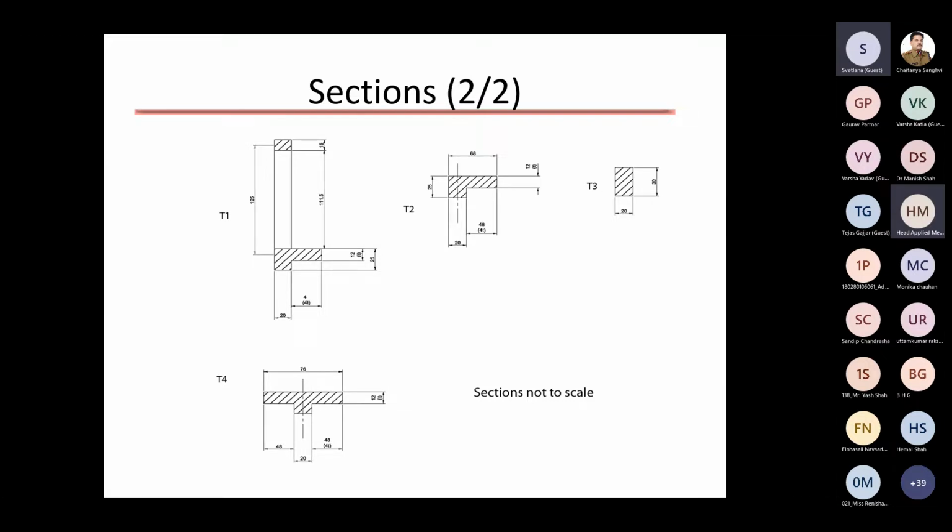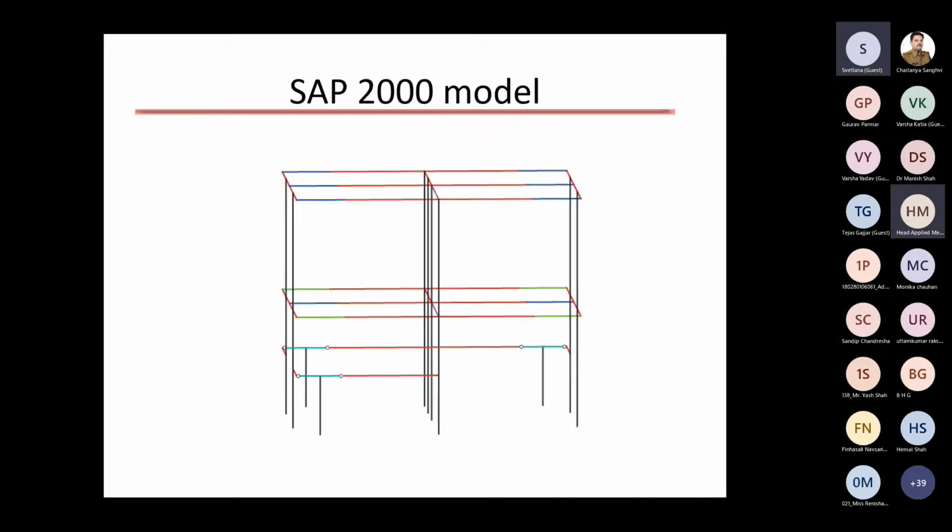So I would say for T4, it would be roughly 6 to 6.5 times the thickness of the slab. Anyways, this is all following the guidelines that are shown at the beginning of the first slides. And then the model looks like this.